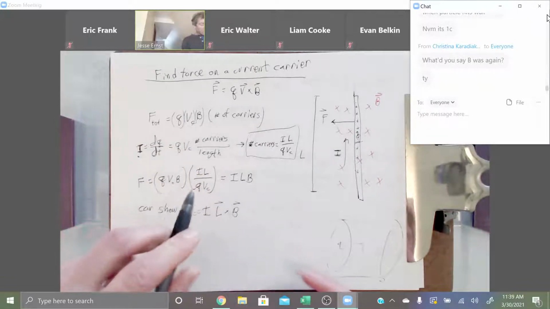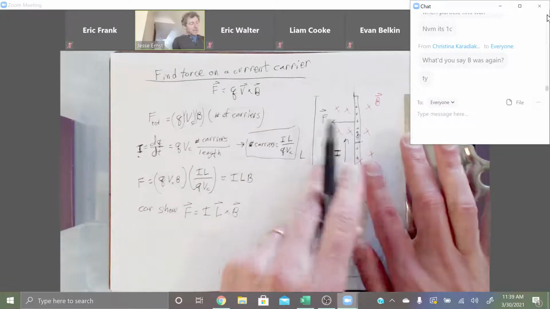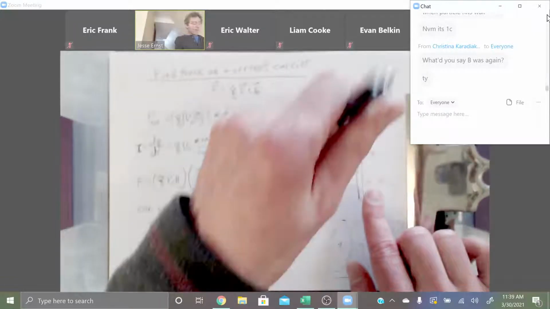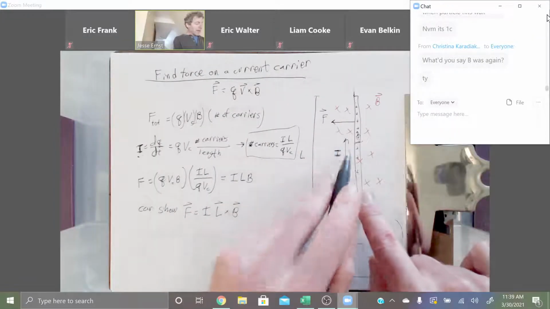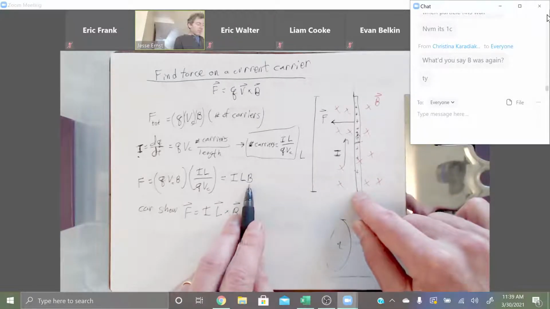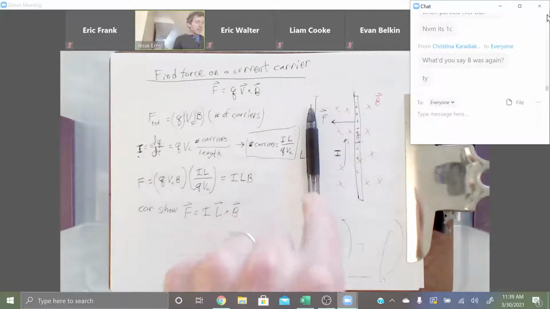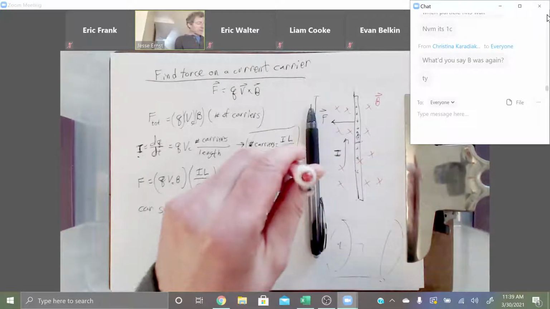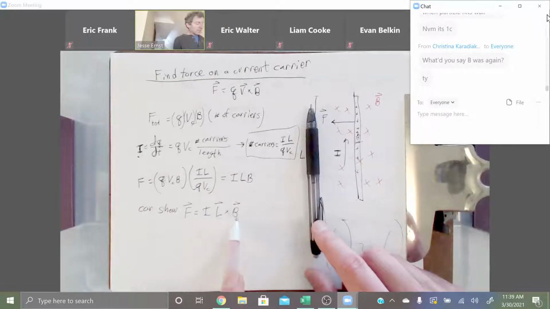So if the B field is perpendicular to the current, the force on this wire is I times the length of the wire times the strength of the B field. If they're not perpendicular, let's say you have the wire going like this and the B field is not coming straight into the page, but sort of coming at an angle, then the force on this wire will be I times L cross B.